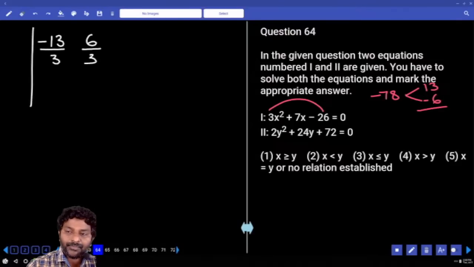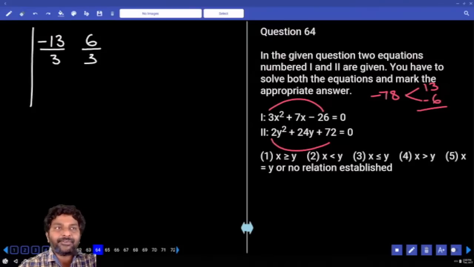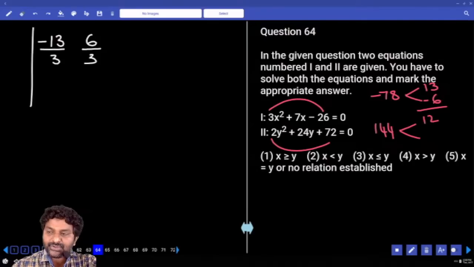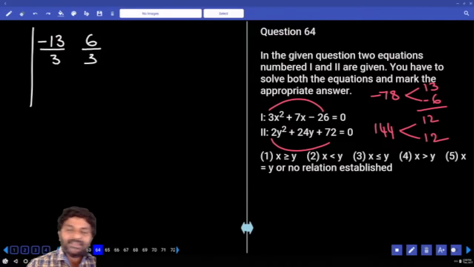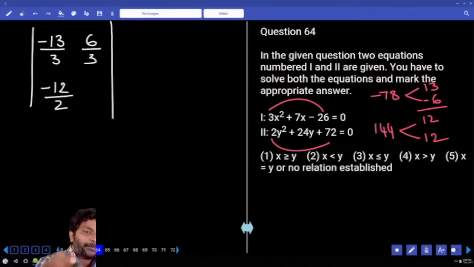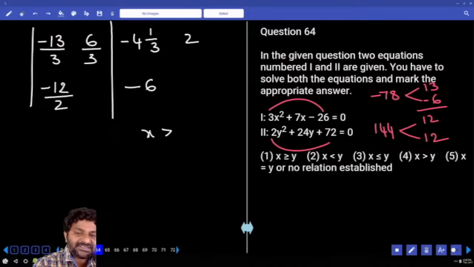Next, y value. Product is 144. 144 can be written as 12 times, right? Same number is repeating, so it is required only once. Minus 12 divided by 2. Come on. Minus 4 1 by 3. Positive number 2. This is minus, x is greater than y.